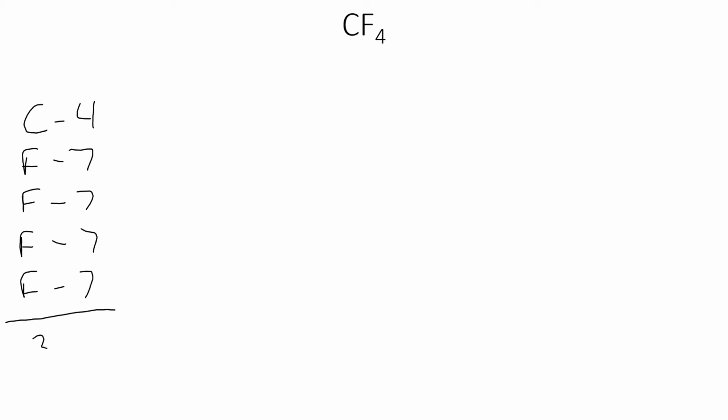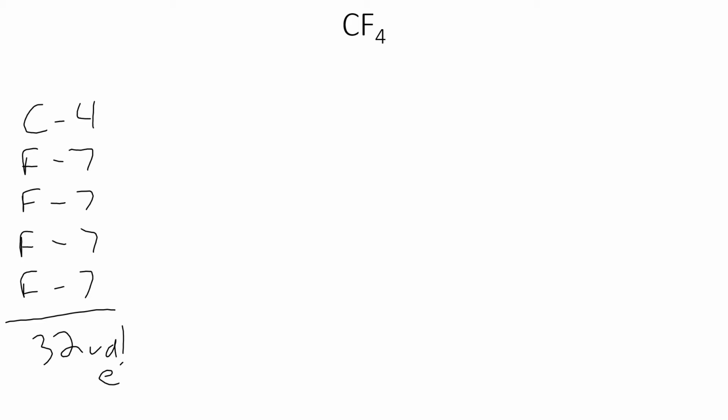We have 1 carbon and we have 4 fluorines. Looking at the periodic table, carbon has 4 valence electrons. Each fluorine has 7. So in our molecule, we're going to need 32 total valence electrons. So that means our molecule needs to show 32.